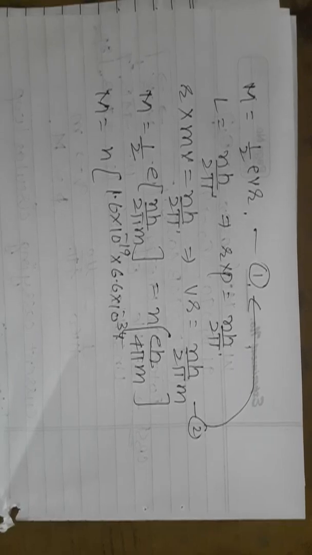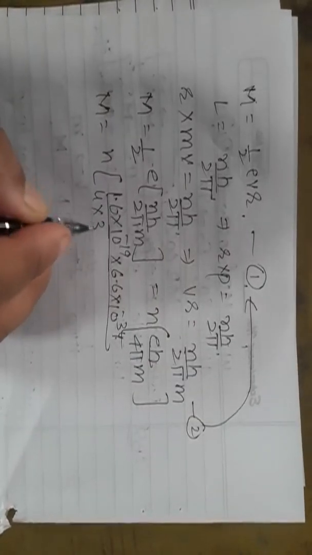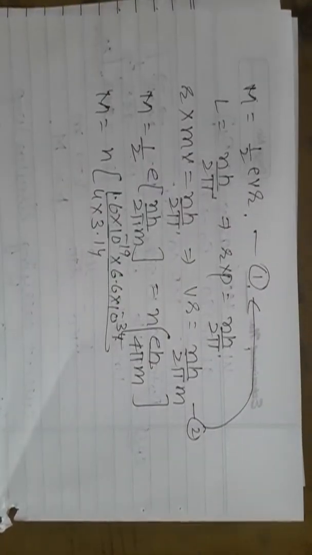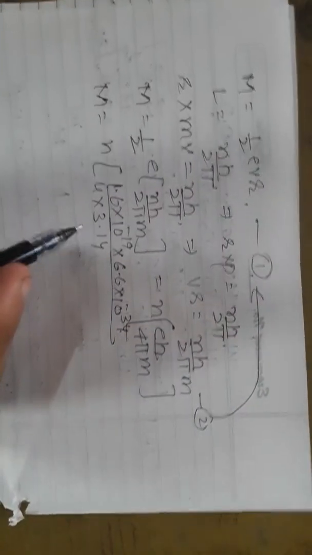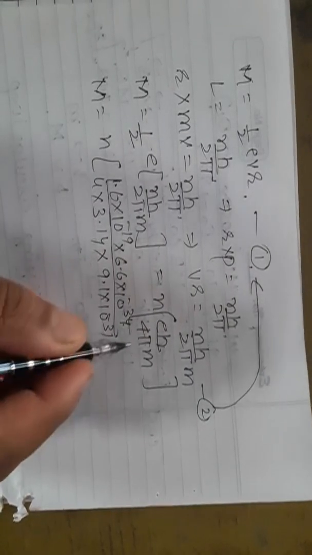Again it is constant. What is the value of pi? Pi is also a constant, having value 3.14. If all these are constants, what about mass? 9.1 times 10 to the power minus 31.